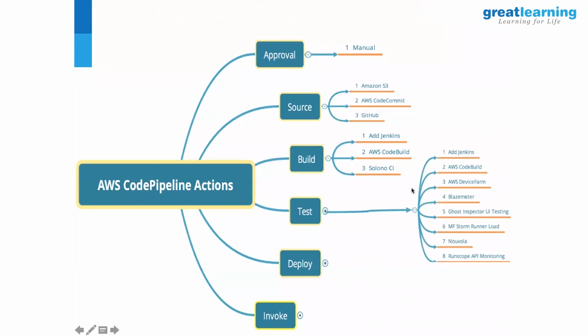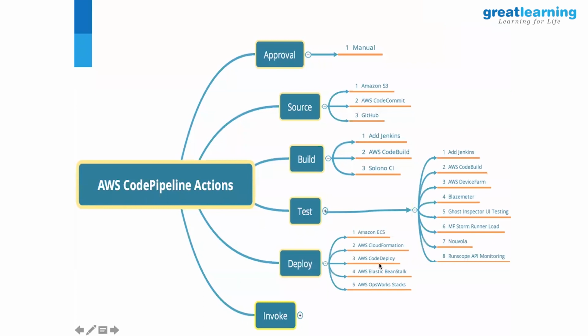For testing, it supports integration with several third-party tools and also some of the AWS services itself. And for deployment, it supports five kinds of configurations: ECS, CloudFormation, CodeDeploy, Elastic Beanstalk, and OpsWorks.